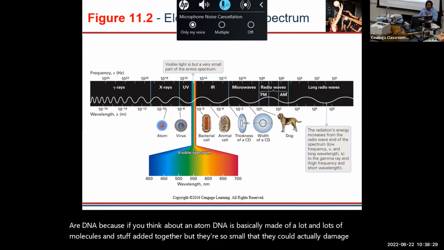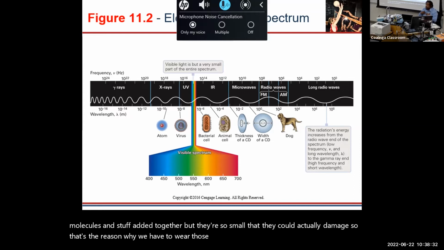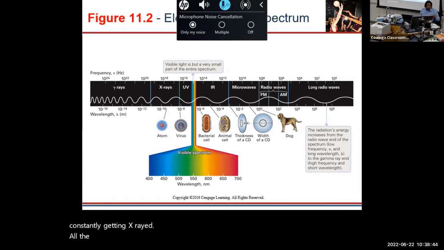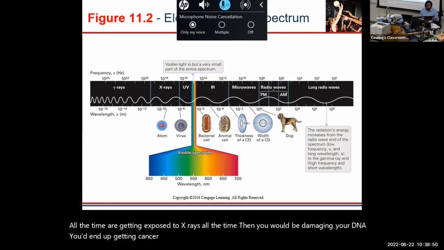That's the reason why we have to wear those lead shields to protect us from those rays when we go to the doctor. If you're constantly getting exposed to X-rays, you would be damaging your DNA. You end up getting cancer, or you just kill the cells completely, right?